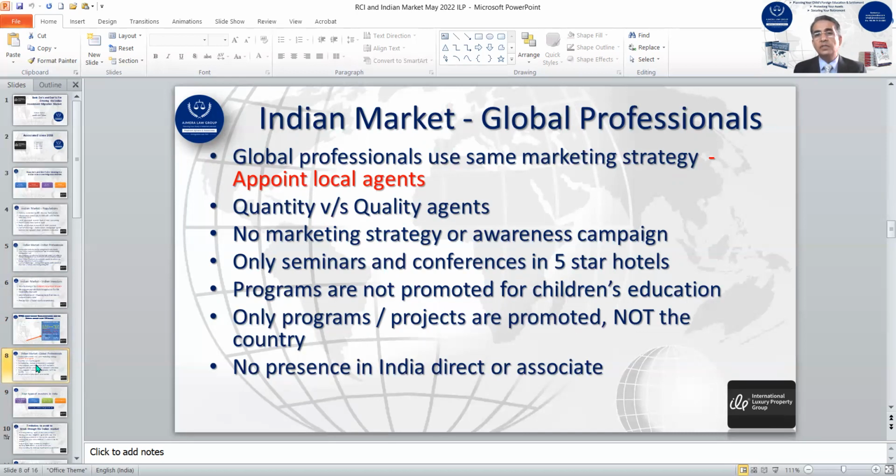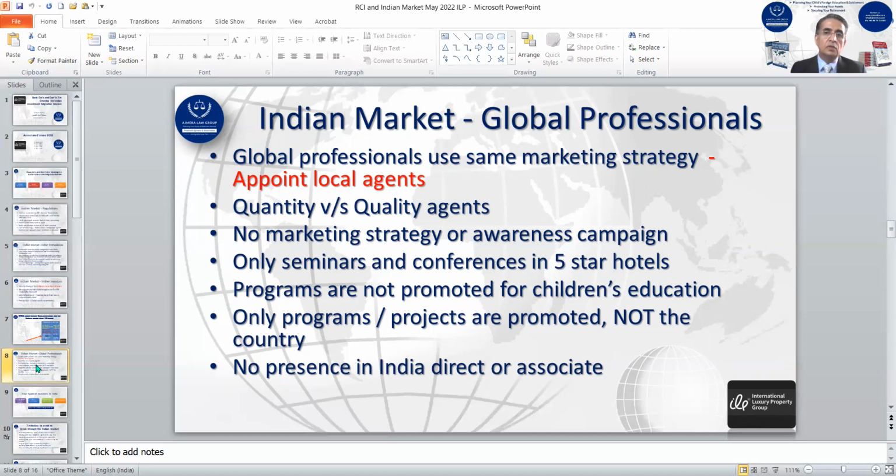Because these immigration agents, you may realize, are themselves dealing only with student visas and consultants. They've never dealt with professionals. They are not educated like a chartered accountant or a lawyer. So they are not in a position to advise their clients the way these investors would like to get their answers.